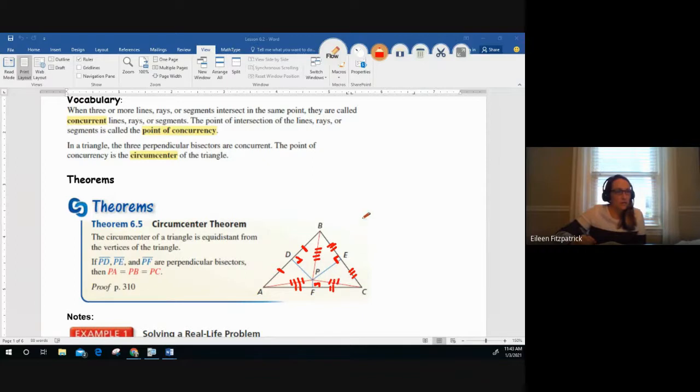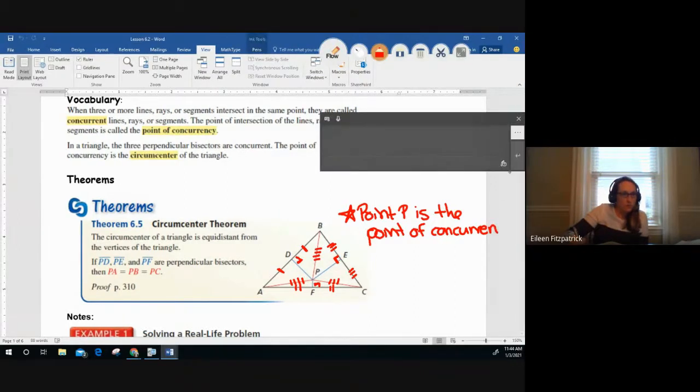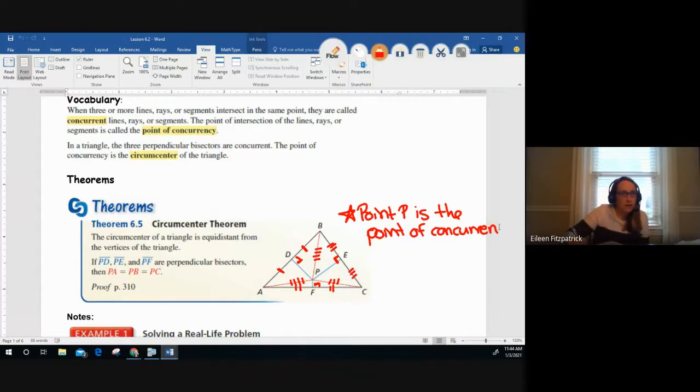All right. And just again to clarify, point P is the point of concurrency. Remember again, the point of concurrency is where the 3 perpendicular bisectors intersect, and they have a special name.